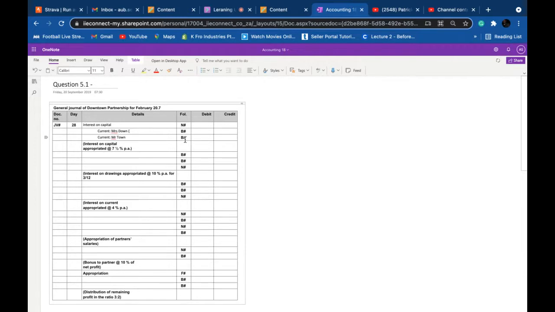We're saying 7.5% of Mrs. Down's, so that's 0.075 times 212,000. This was for the whole year. Remember in the additional information, they said capital balances remain constant, so that was the same for the whole year.